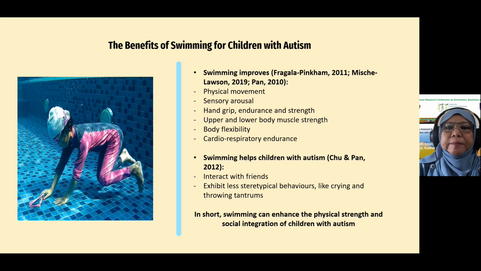And to help autistic people, research has proposed that swimming be introduced to them. Swimming can actually improve their physical movement, their sensory arousal, their hand grip, their endurance and strength, their upper and lower body muscle strength, their body flexibility, as well as cardiorespiratory endurance.